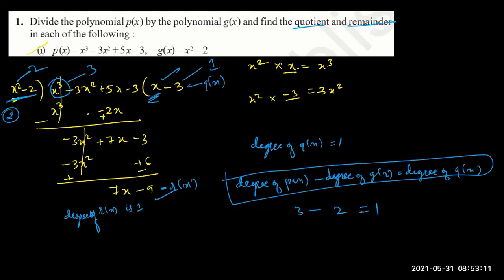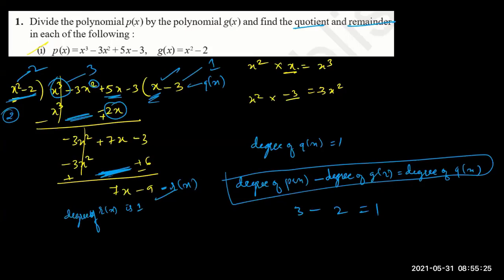Why I left a gap here: here it is x square, but minus 2 into x will give only 2x. When you are doing subtraction in the next step, we subtract only the like terms. For that reason, I kept this 2x under the like term 5x. Here I kept it blank, and that blank means 0. Then minus 3x square plus 0 is minus 3x square only.